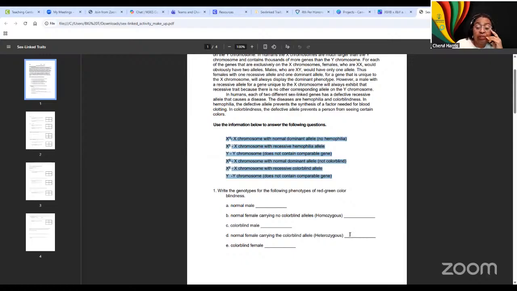Again, two X's, one with a big B, the second one with a lowercase b, and she is not colorblind. And then a colorblind female, which doesn't happen often, you're going to have two X's, and both X's will have a lowercase b. Okay, do I need to repeat any of those?